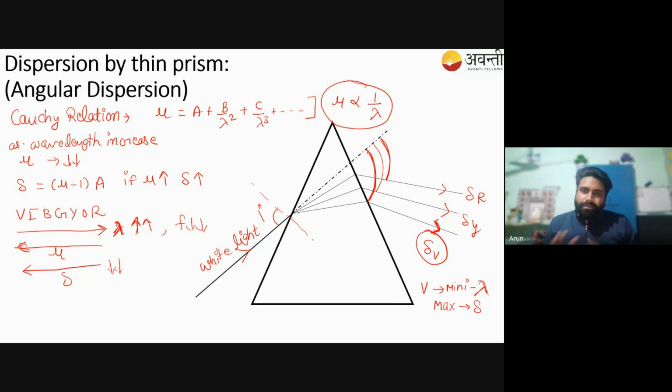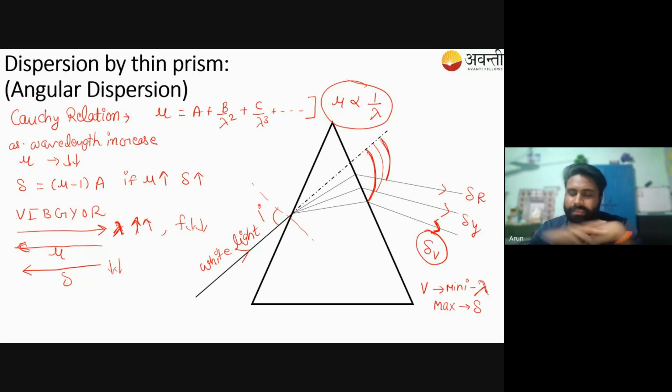That is why if you turn on a torch with blue light, you will see it is more dispersing in nature. It will disperse more. And if you have a laser light which is red in color, what will you see? This light goes a very far distance because it does not deviate from its path, because it has a larger value of wavelength.